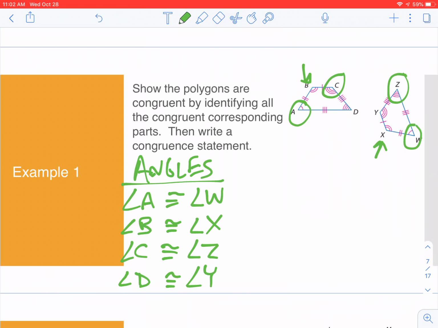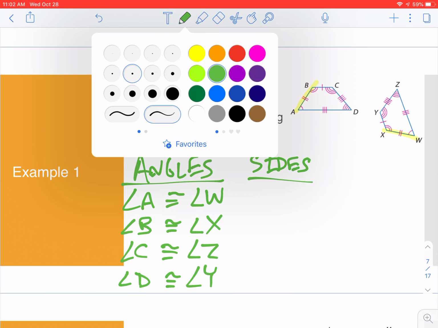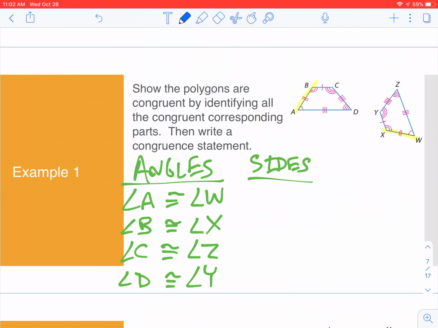Okay, now I have sides. And the sides are easy to match up because I'm just going to go in the order of the angles. So if we start out with AB, which I will highlight, AB will be congruent to WX. And really, it's the same order that I have over here.